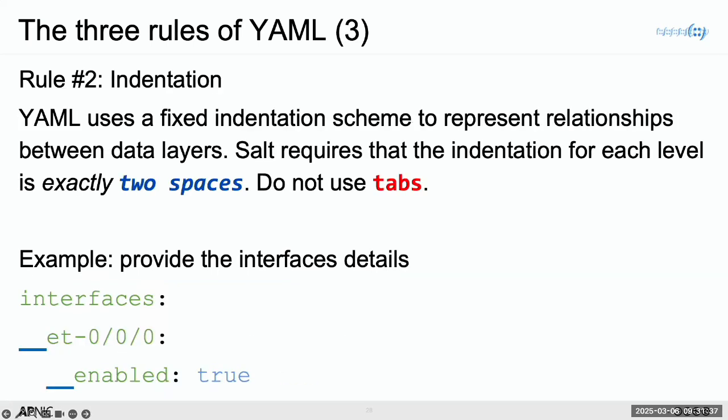The second rule is how we put the spaces in the file. We do not use the tab; we just use two spaces. So this is our interface. After that we use two spaces, and then write the name of the interface, and after that another property we need. We keep on having two spaces after this if it falls within the same hierarchy.